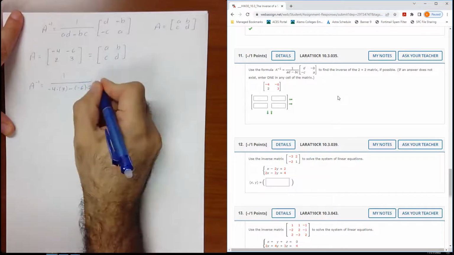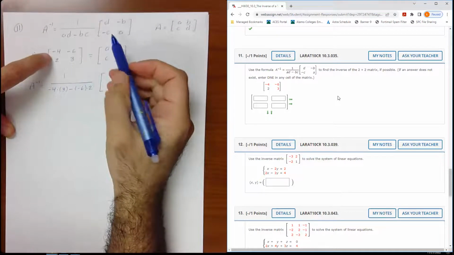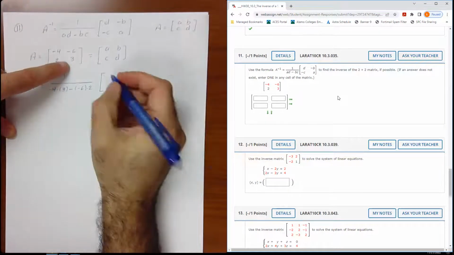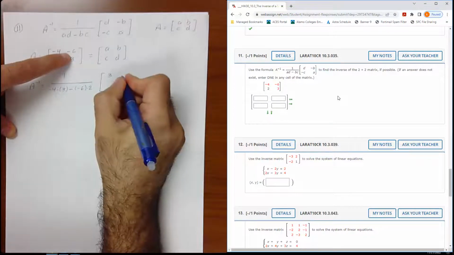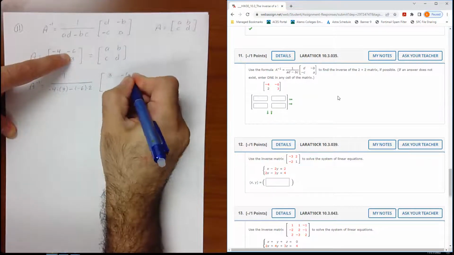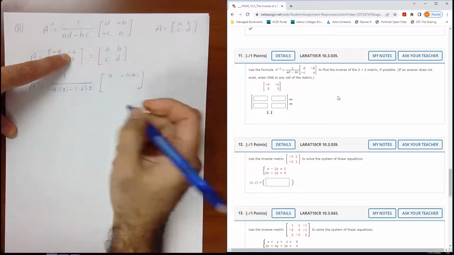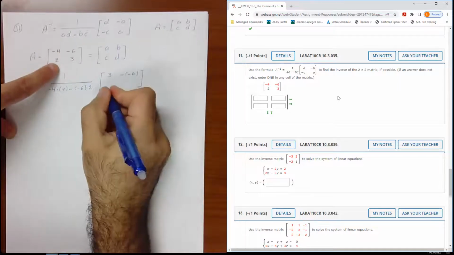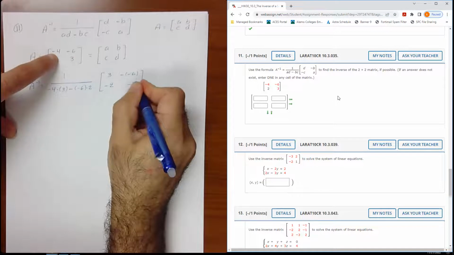Negative 6 times 2. And here is the matrix we have here. We have to write down D, which is 3, negative B. So here is negative B, that means negative, negative 6. And we have to write down negative C, that means negative 2, and A, which is negative 4.